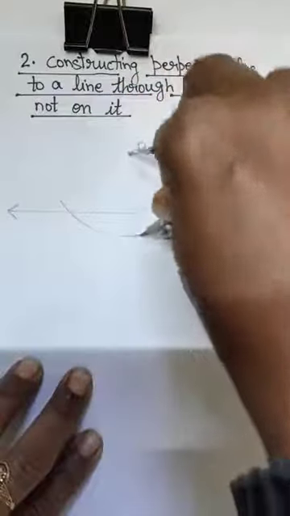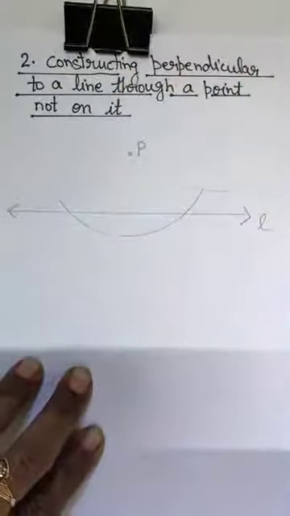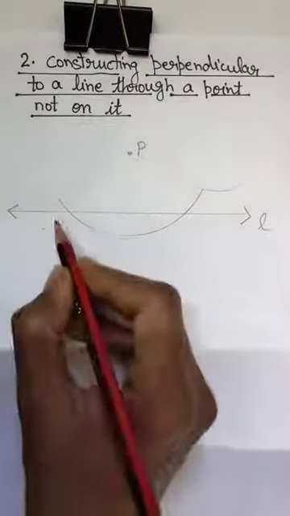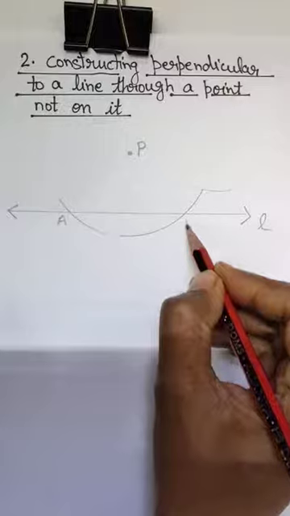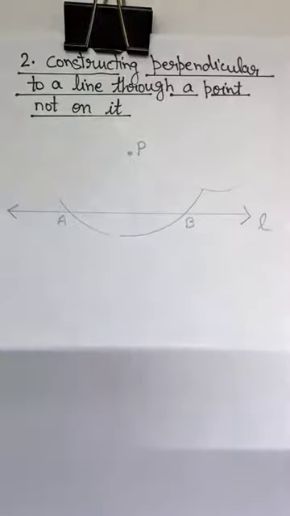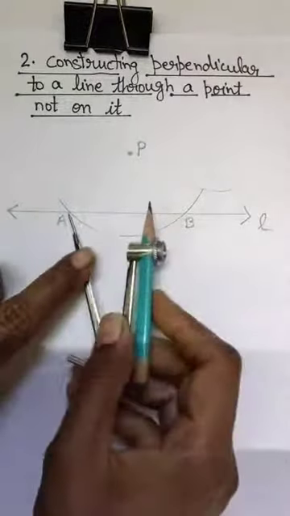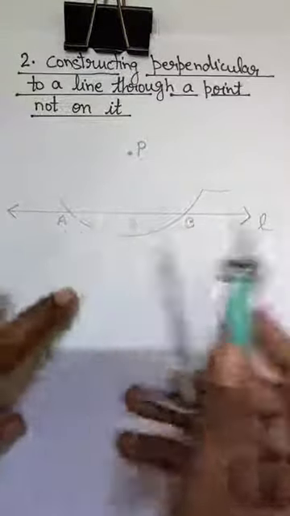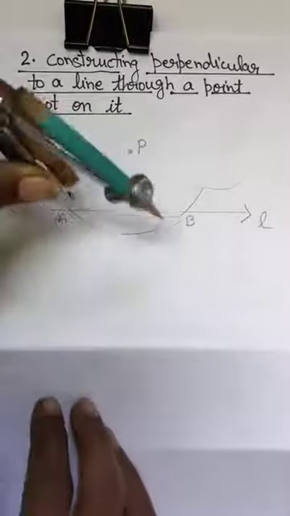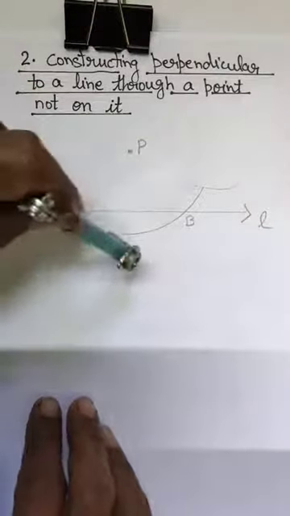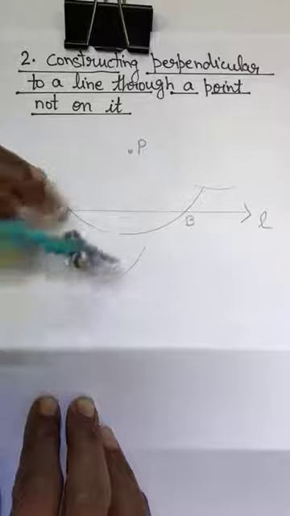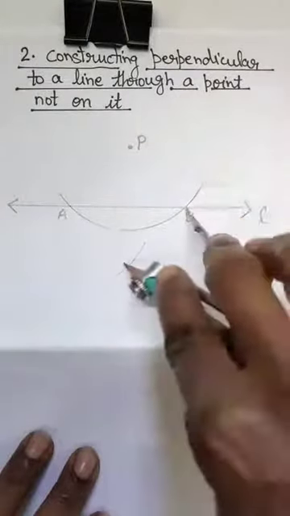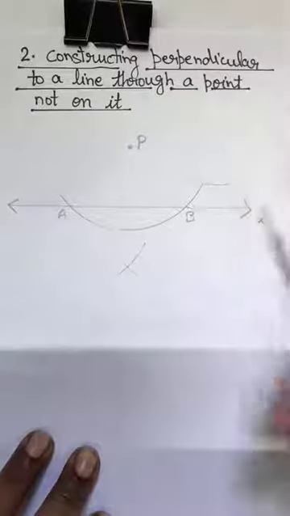Now see, here I have drawn one arc which cuts line L at 2 points. Let us give them the names A and B. Now again open your compass, more than half of AB. Draw one arc from A and one from B on the opposite side of P to cut the previous arc.